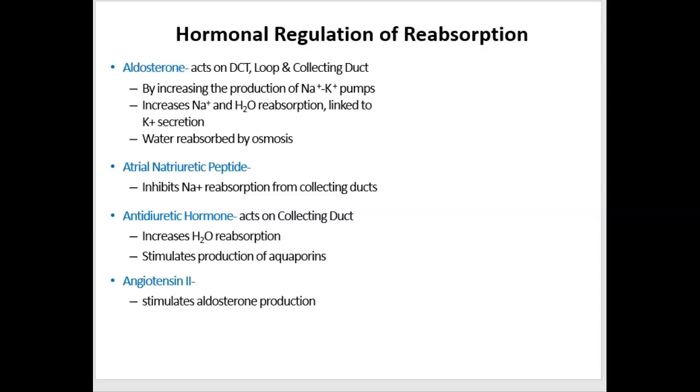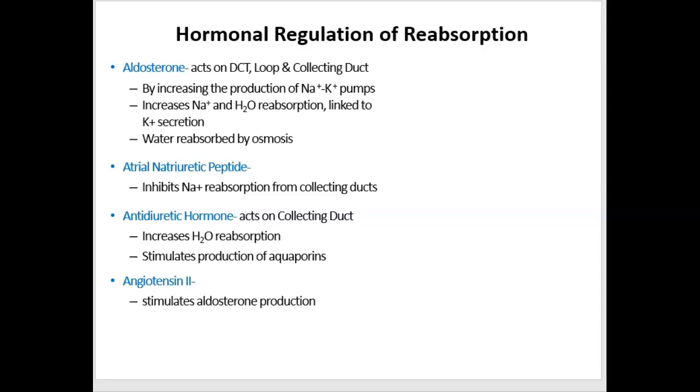There is another hormone that I have not mentioned for a long time, maybe in the circulatory system, and that's atrial natriuretic peptide, ANP. ANP inhibits sodium reabsorption from the collecting ducts. It actually antagonizes the effects of aldosterone. And angiotensin II, you may remember, stimulates aldosterone production.